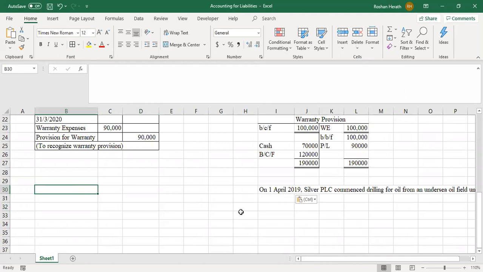Here also, I believe it would be easy for us if we prepare a kind of account for the provision.